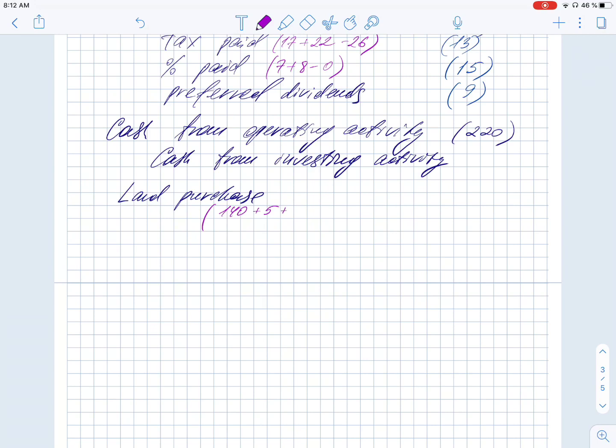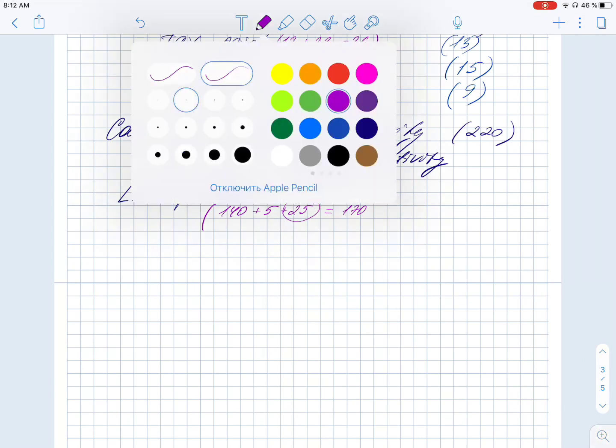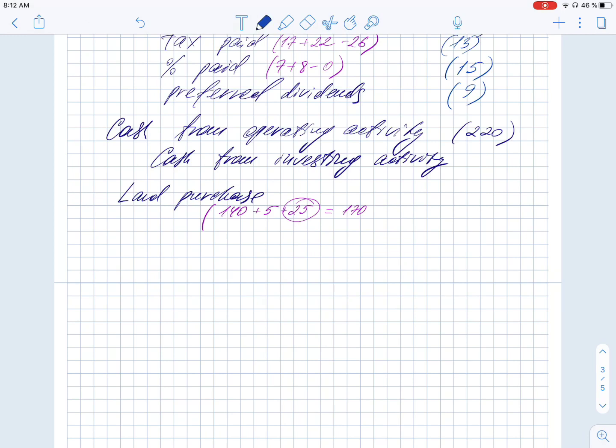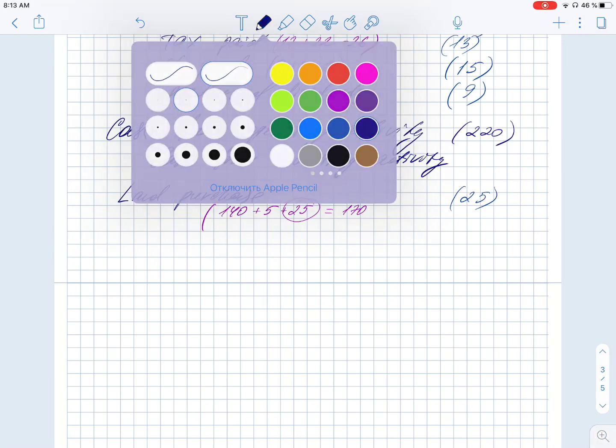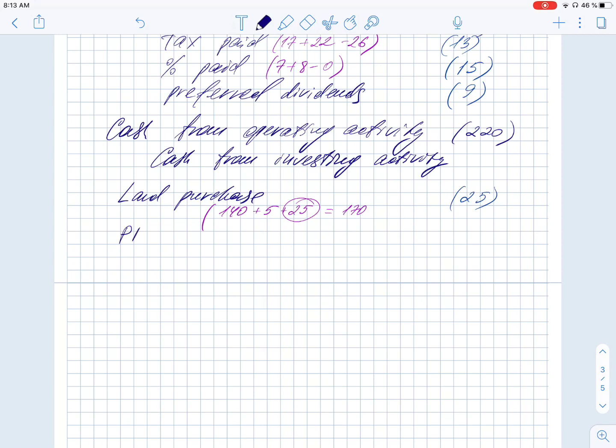And additionally, the company purchased some pieces of land for 25,000 because the final balance of land is 170. So we can assume that 25 was spent on purchase of additional pieces of land. That means that cash in the company decreased by that amount, and we have to state it here with a minus sign.